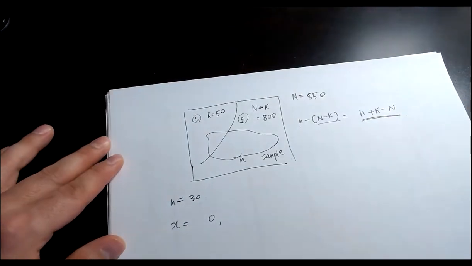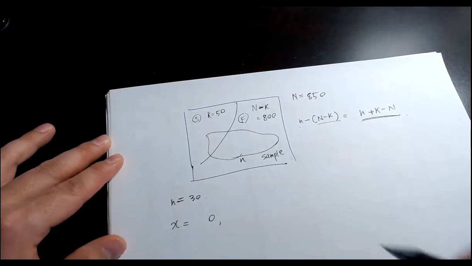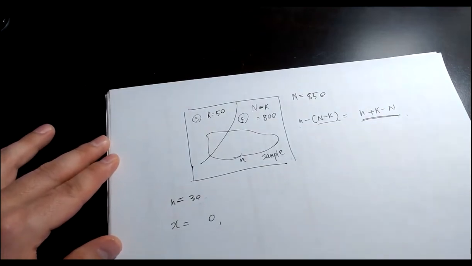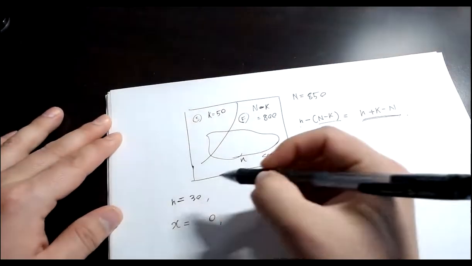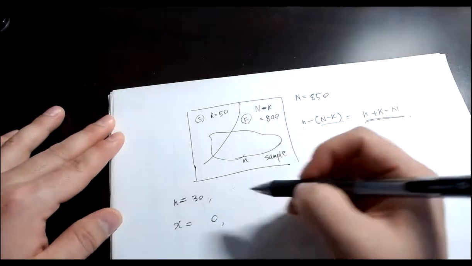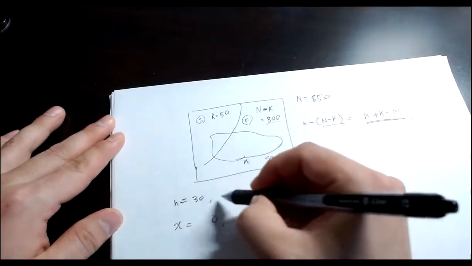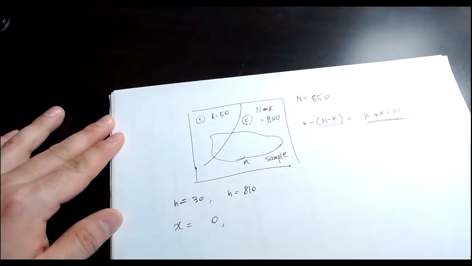Okay, so now what if n is not 30 but lowercase n, the sample size, is maybe greater than 800. What if n equals 810?